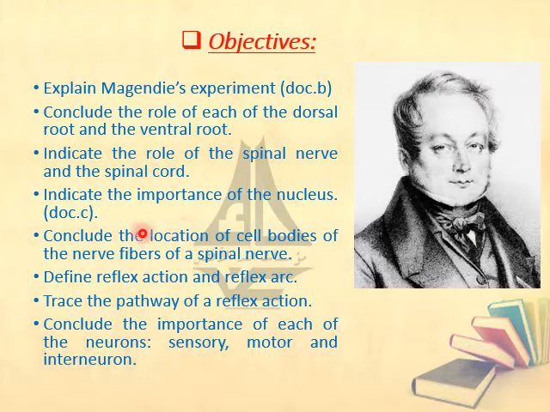You will be able to know where the cell bodies of the neurons are located inside the spinal cord as well as in its roots. And finally, we will make a recall about the reflex action, the reflex arc, and the pathway that takes place during a reflex action.